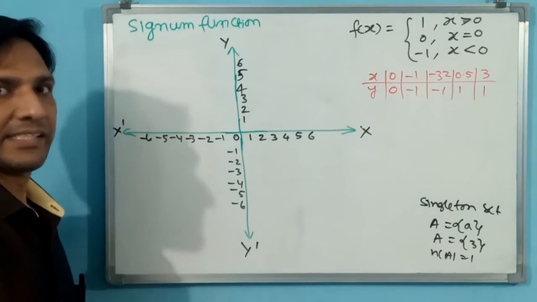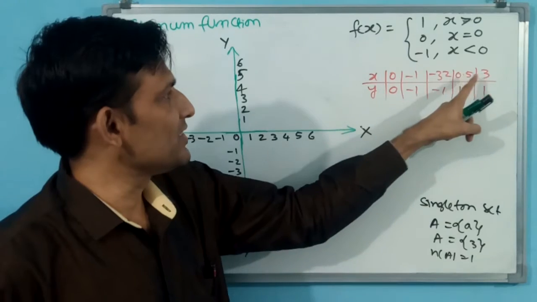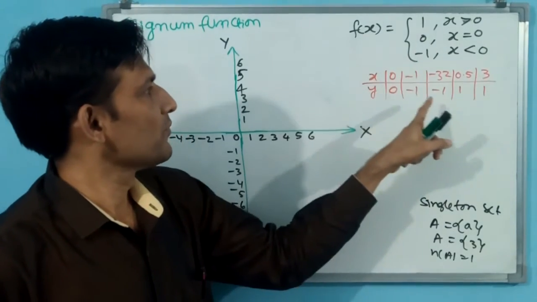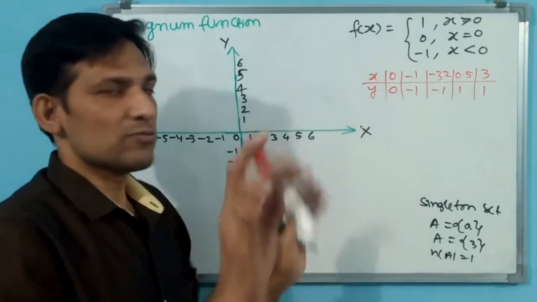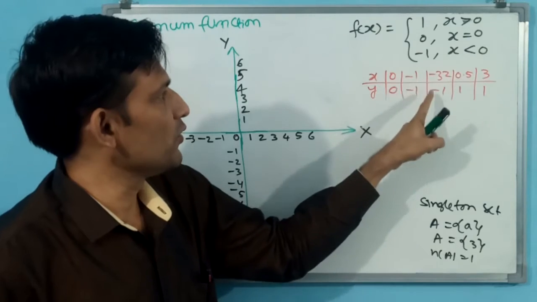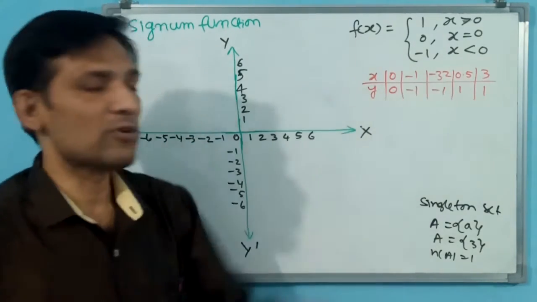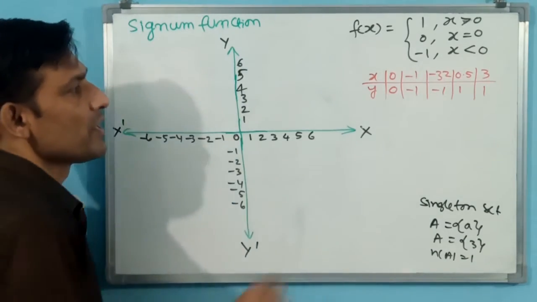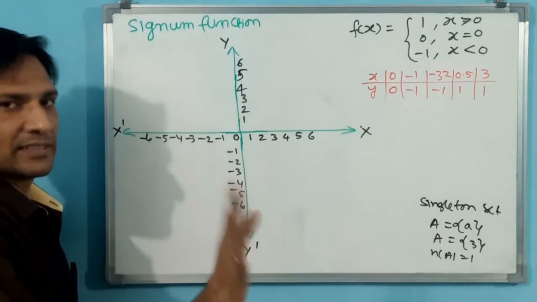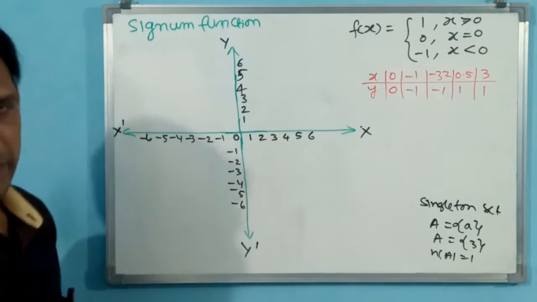What you understand is that if it is greater than 0, 1 will come. If you give 0, 0 will come. Then for negative, x less than 0, if you give minus 1, minus 1 will come. Even if you give minus 32, minus 1 only will come. That means it gives positive 1, negative 1 or 0. That's all. That is the specialty of this signum function.